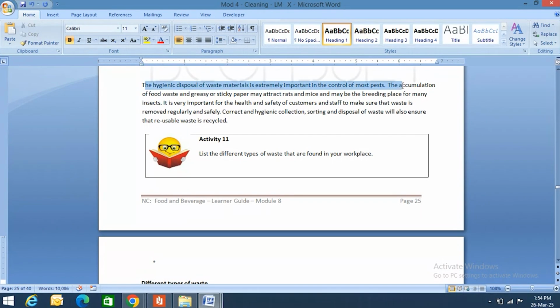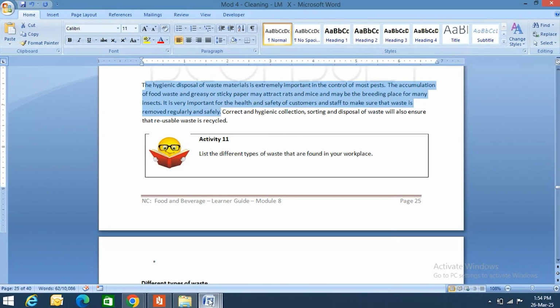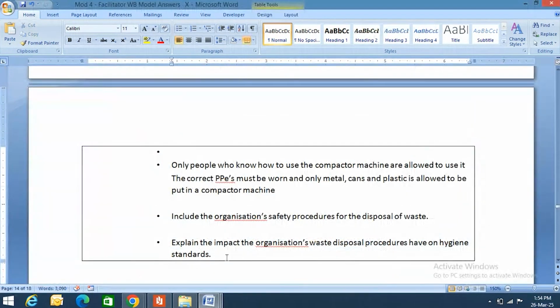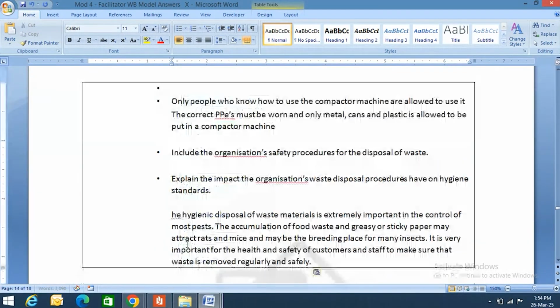Let me copy. That's not the only answer. There's more to this answer that I'm going to write now for you. I'm just putting this part first and then I'm going to add to it, right?